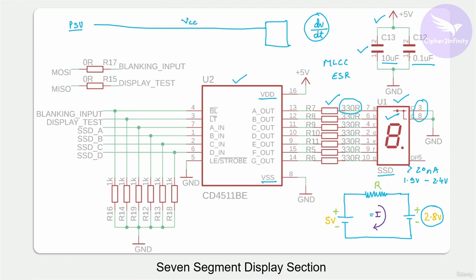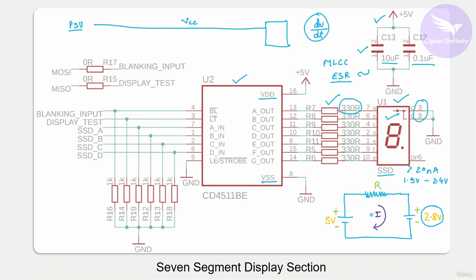When you connect two capacitors in parallel, the equivalent ESR gets reduced. So if the IC needs current suddenly, then with this lower ESR of the parallel combination of these two capacitors, they will be able to deliver the current to this IC quickly. So that's basically the purpose of connecting this 0.1 microfarad capacitor.